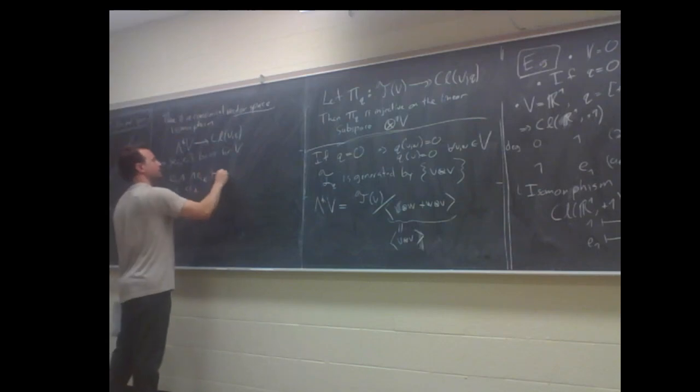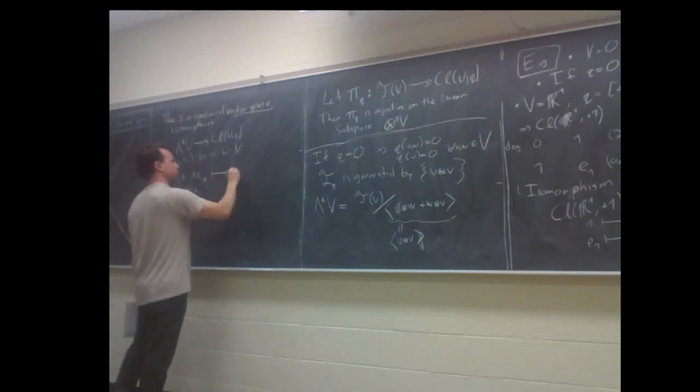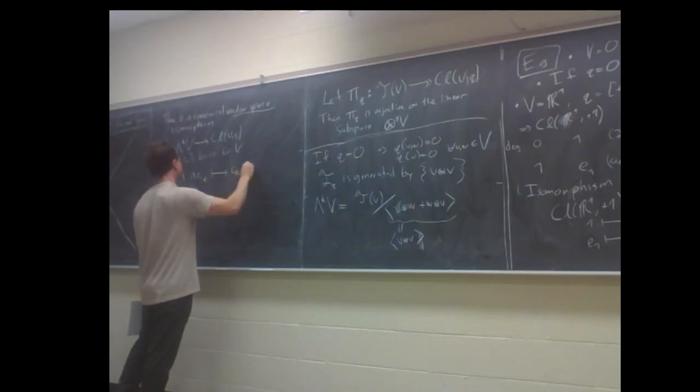This wedge product under this linear isomorphism just goes to the Clifford algebra product.